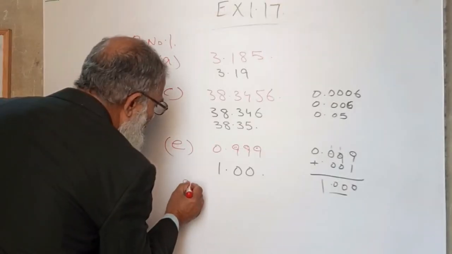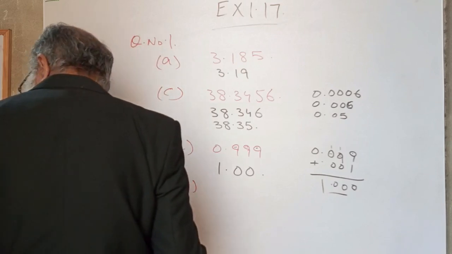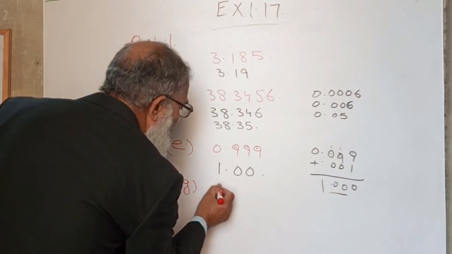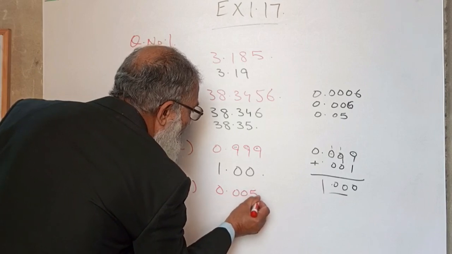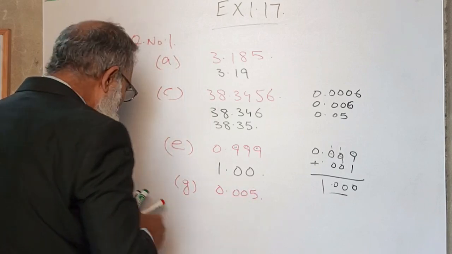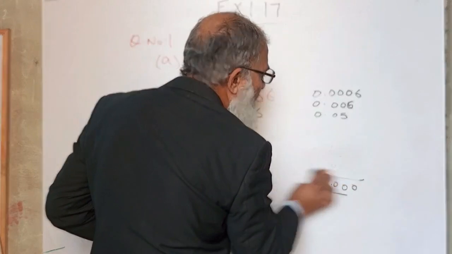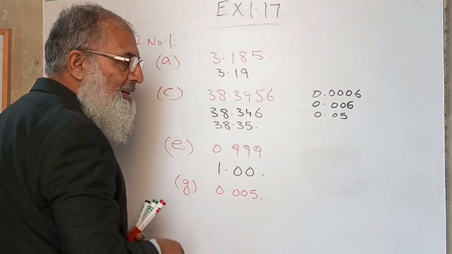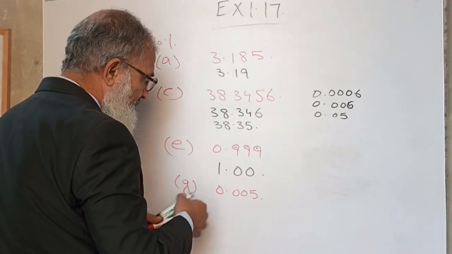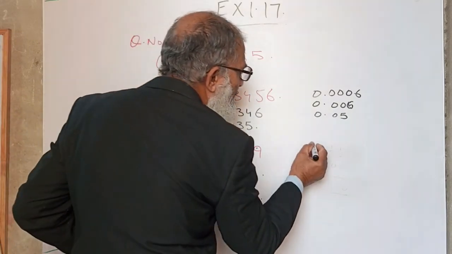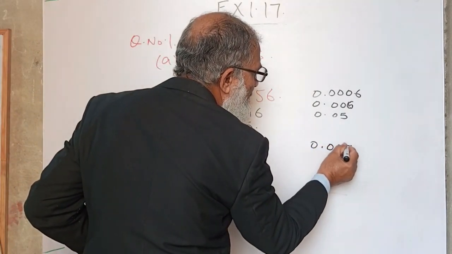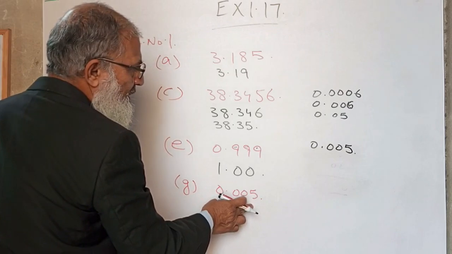Another interesting question and point is G, that is 0.005. Now again, what is the decimal place of this? 5 is 0.005. This is the decimal place of this one.